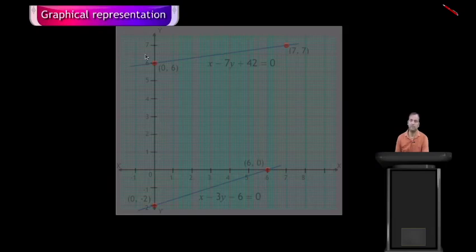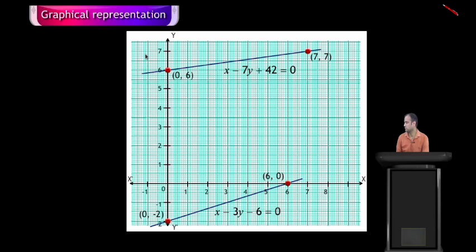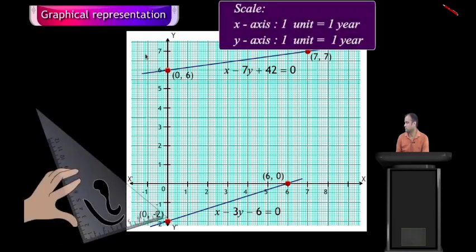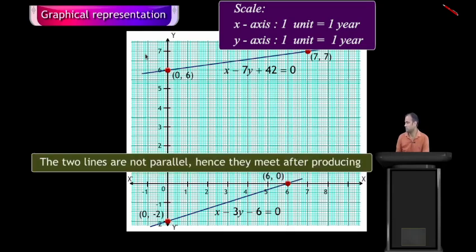Now this is the graphical presentation of the equations. So we can see that these are not parallel, or we can say that these are intersecting lines. So there is a unique solution. The two lines are not parallel, hence they meet after producing.